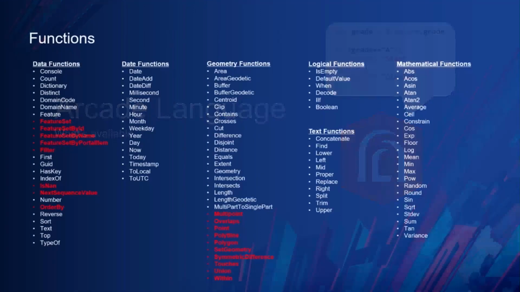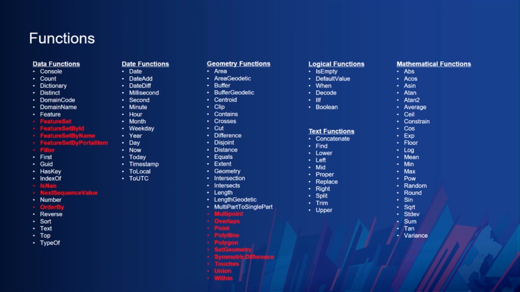So here's a list of all the functions. For those of you in the back, those are words, and the red ones are ones that were just in the latest release, and they have to do with things like feature sets and different kinds of geometry and geometry operations like multi-point features and overlap.